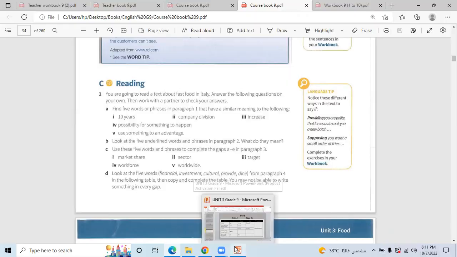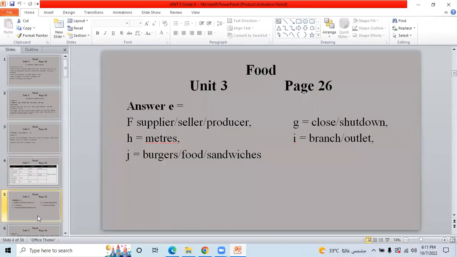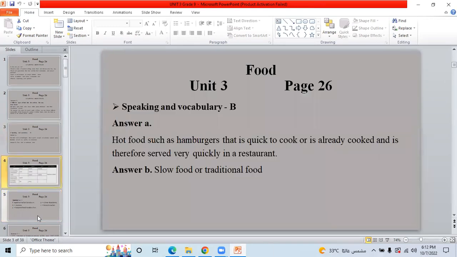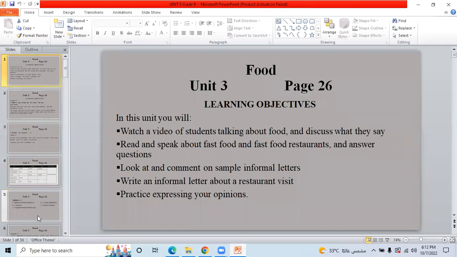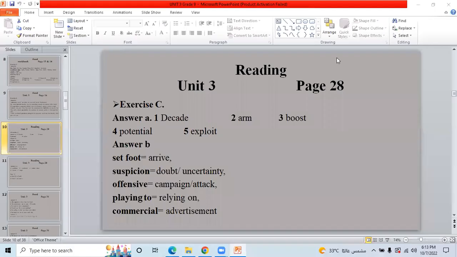Let's see the C part. Yeah, exercise C: number 1 is decade, 2 is arm, and 3 is boost, right?